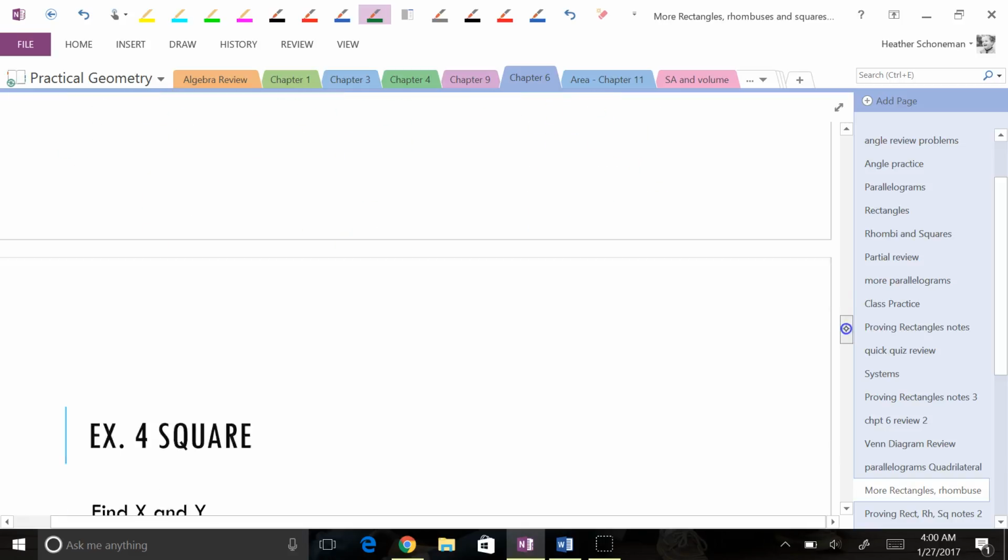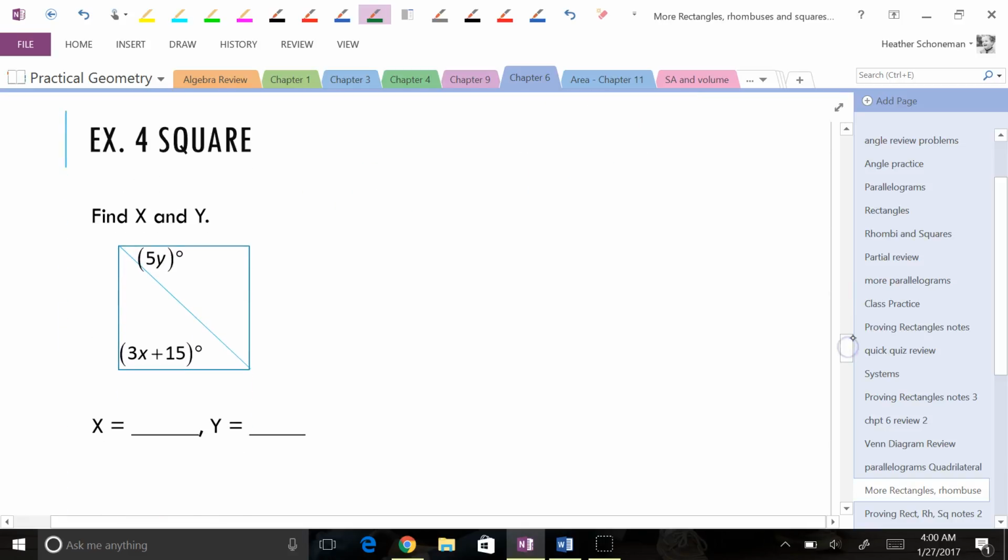Let's go to the next example. This is a square. In a square, the angles can either be 45 or 90. On the X one, this one makes an L. That means it's going to be 90. So we get 3x plus 15 equals 90. Subtract 15 from both sides.